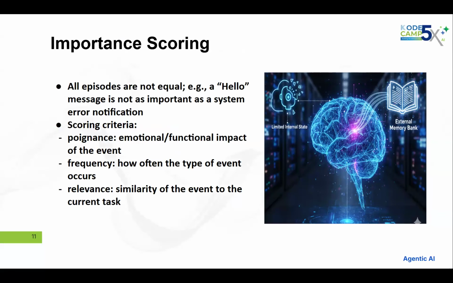So importance scoring. For example, the user says hello. How important is that hello compared to an error as the agent executes? If you grant both the same level of priority, and you're persisting hello, of what use is persisting that the user told me hello at such and such a time?